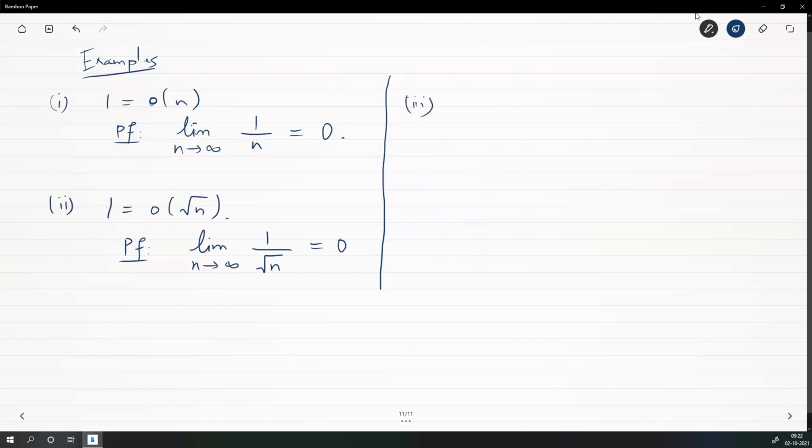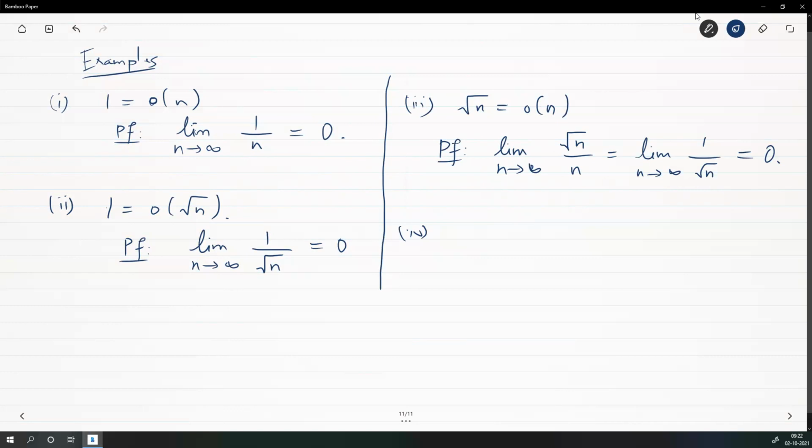For example, square root n is in fact little o of n. Why is that? Once again, the limit as n tends to infinity of f of n by g of n, so this time we have to take square root n by n. But that's equal to the limit as n tends to infinity of 1 by square root n, that is 0. Correct?